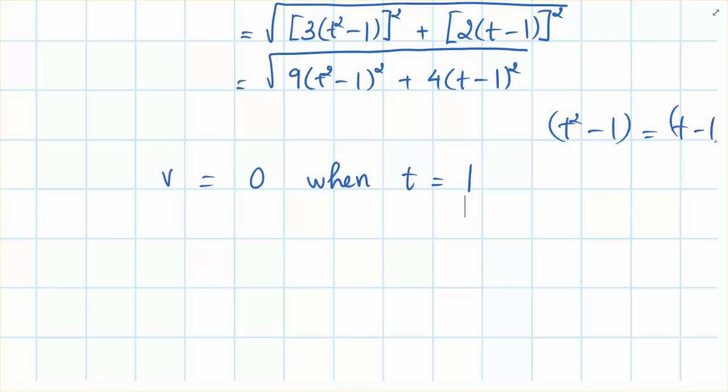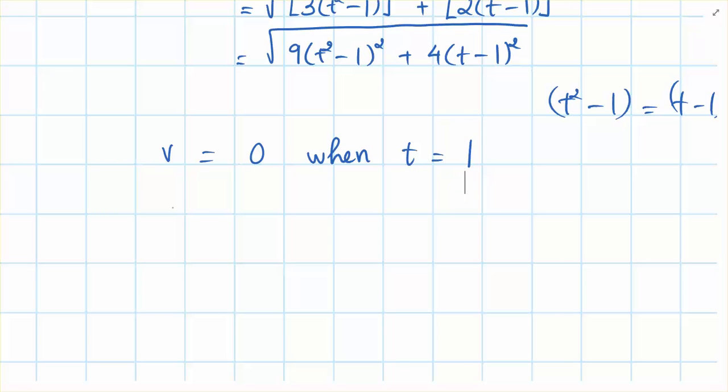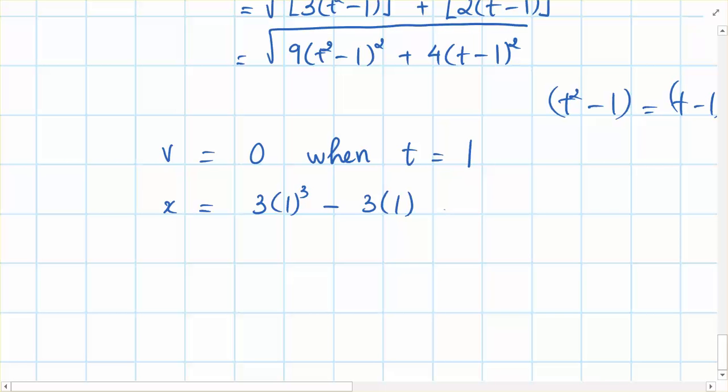And the question asks about where, so we need to find the point where the particle stops. So at t equals 1, we have x equals t cubed, which is 1 cubed, minus 3t, which is 3 times 1, and this equals 0, and y equals t squared, so 1 squared, minus 2t, which is 2 times 1, and it also equals 0.